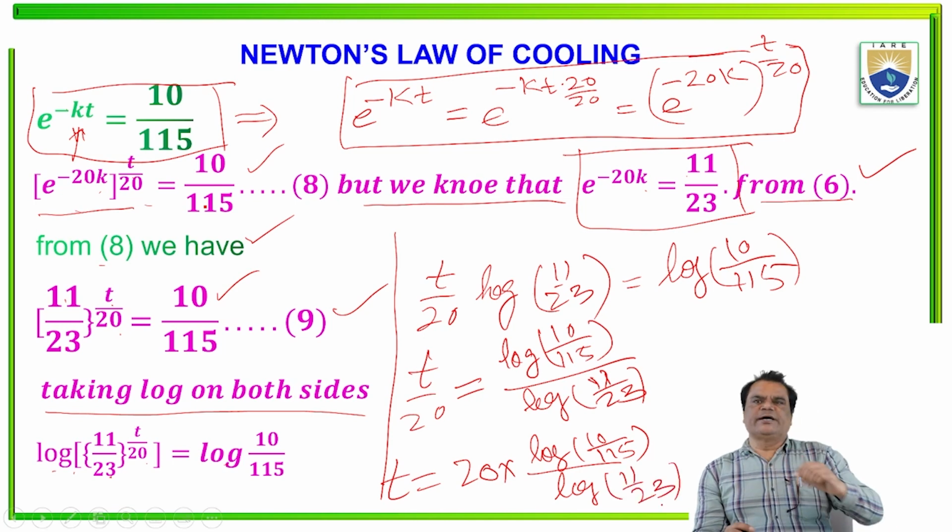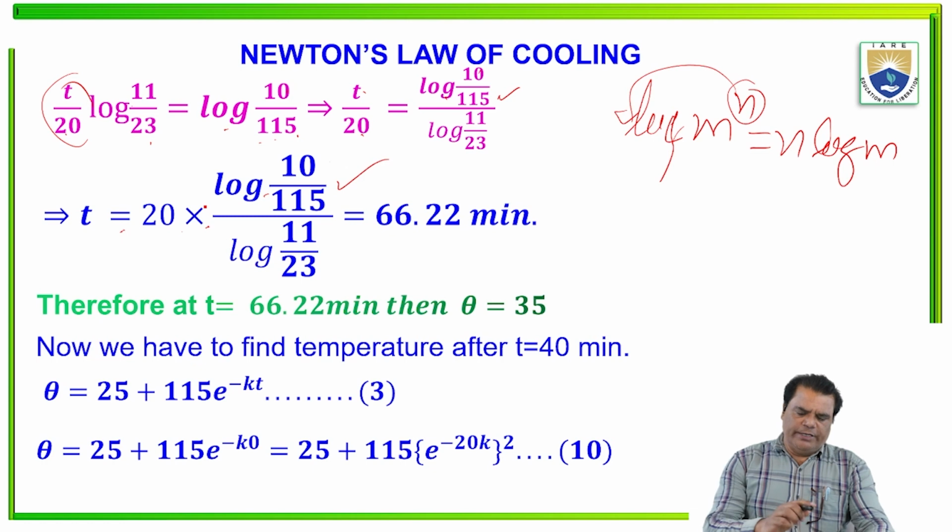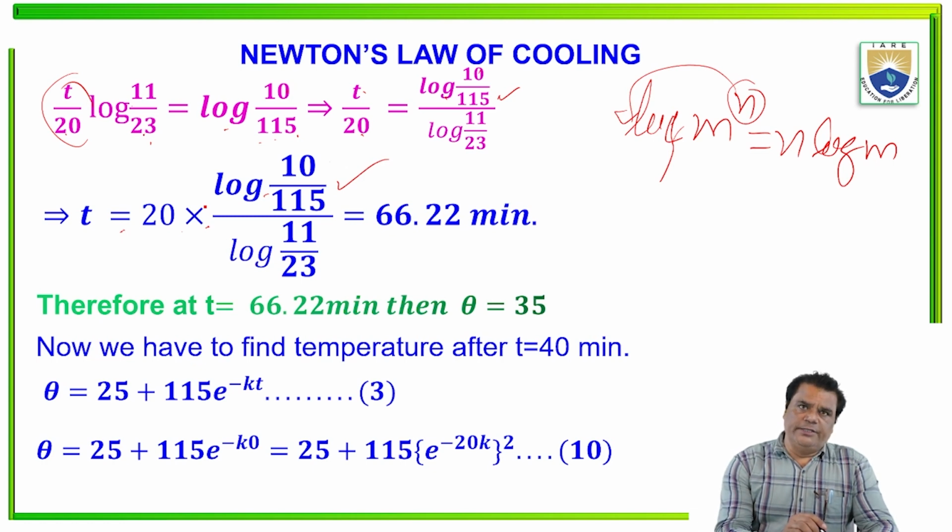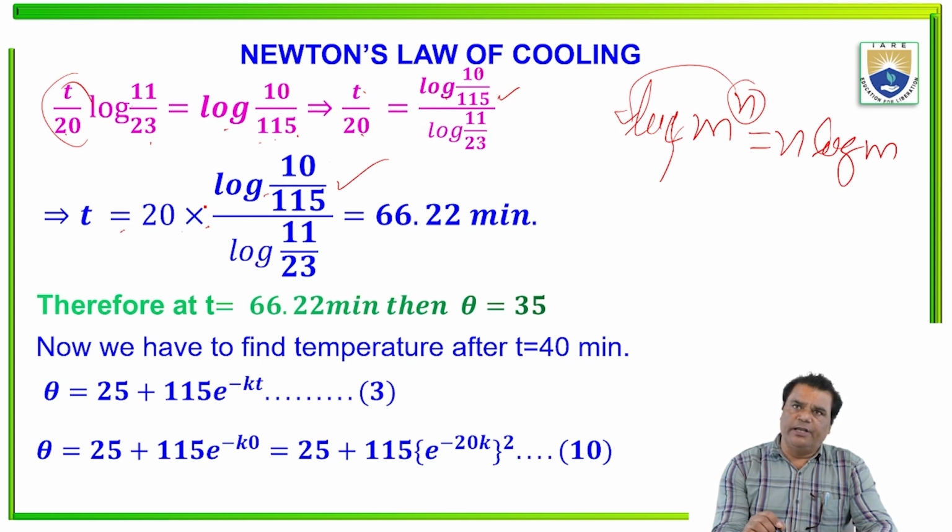Okay, this is correct. So here log 11 upon 23 equals log 10 upon this. This implies that t upon 20 equals log 10 upon 115 upon log 11 upon 23. Now cross multiply this. So t equals 20 into log 10 upon 115 upon log 11 upon 23.